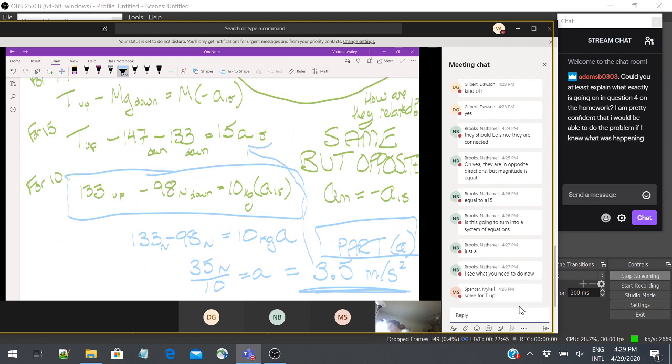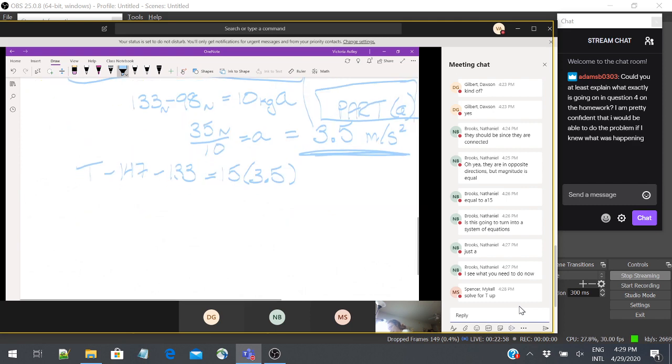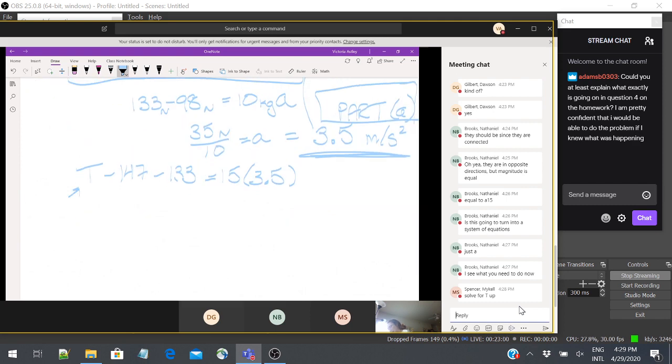So we have T minus 147 minus 133 equals 15 times 3.5. So this tension has to be great enough to accelerate the 15 kilogram mass upward at that rate, overcoming both the other weight pulling down and its own weight.